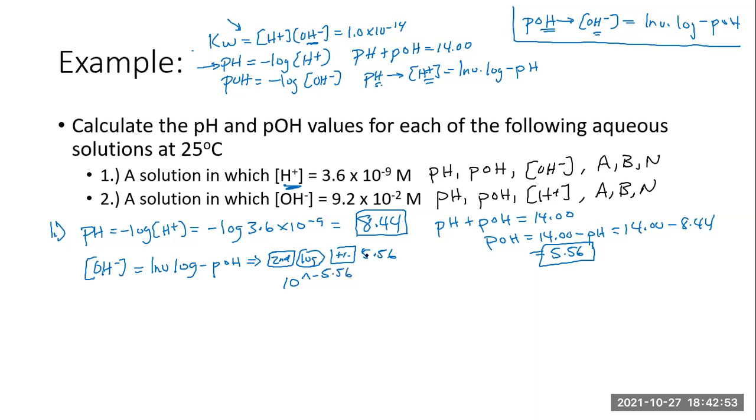And if you do that on my calculator here, it looks like we get something like 2.8 times 10 to the minus 6 molar. Again, on my calculator, it spit out to me not in scientific notation.